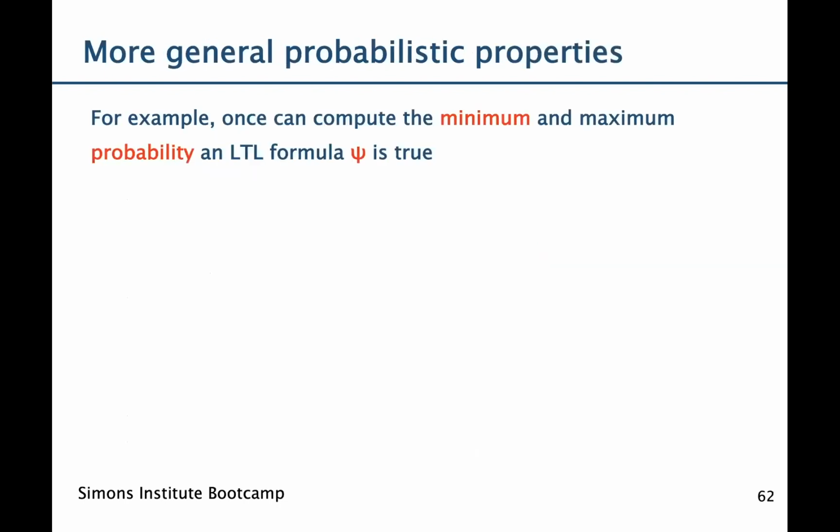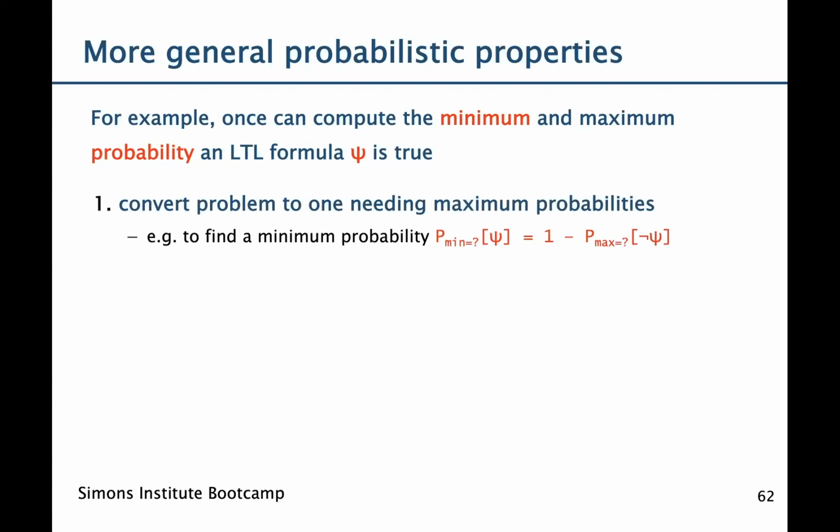Okay, so just to mention, for more general probabilistic properties, for example, one can compute the minimum and the maximum probability that an LTL formula is true. How this works is we first need to convert the problem into just maximum probabilities.